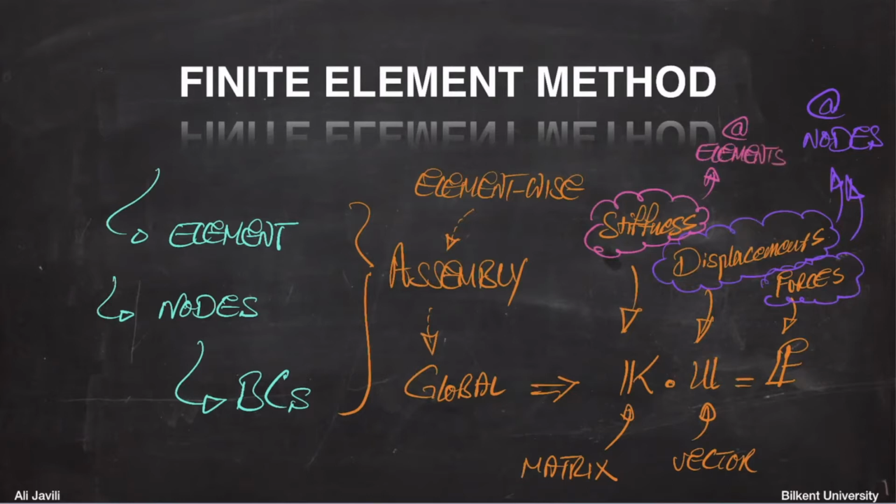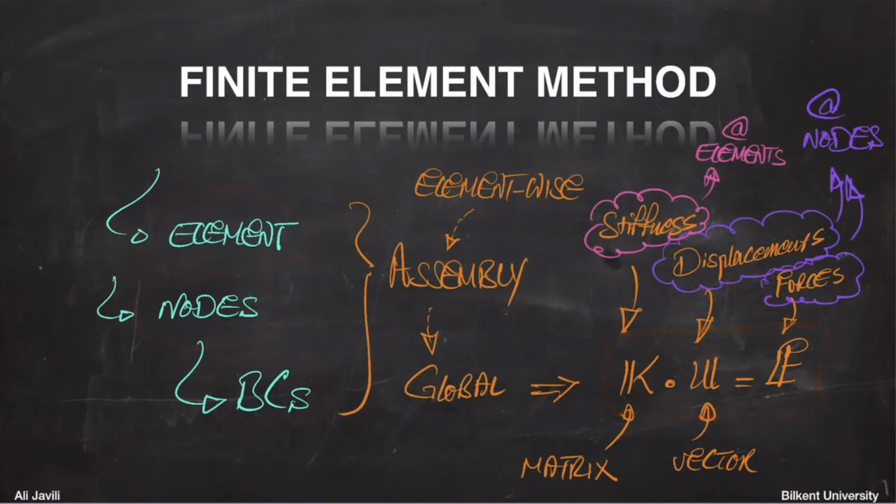Okay, so what you see in front of you is the big picture of the finite element method. Basically, you discretize your domain into elements and nodes, you apply boundary conditions on nodes, then you assemble the system. If you assemble the system, you end up with something like this.